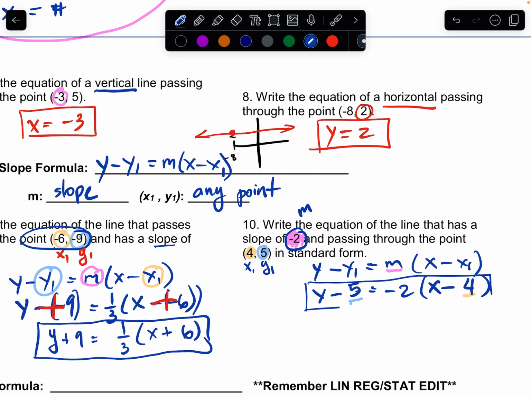That's our equation of a line going through 4, 5 in point slope form.